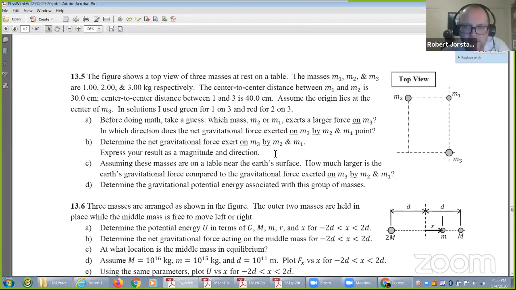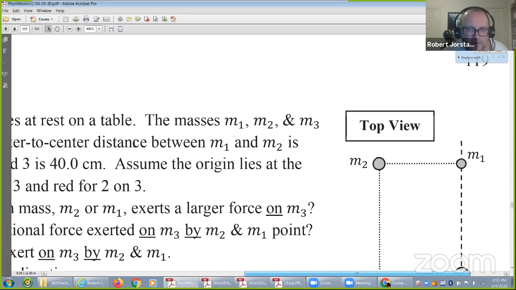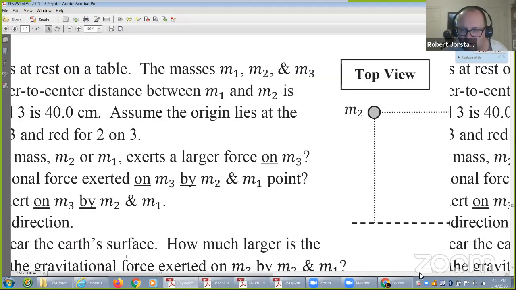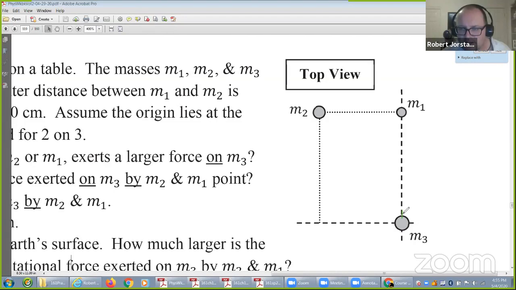Let me make this a little bit bigger so I can draw on it. The idea here is red for 2 on 3 and green for 1 on 3. Number 1 is going to attract.